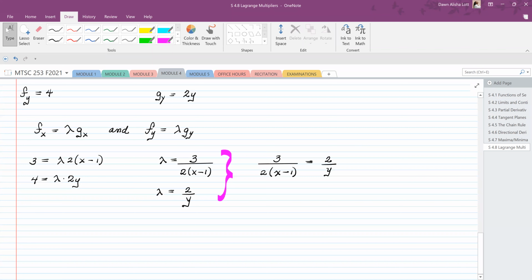That says that y is equal to 4/3 times x minus 1. So now I have a relationship between x and y, and I'm going to put this into the constraint.